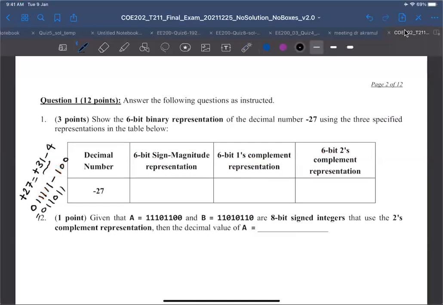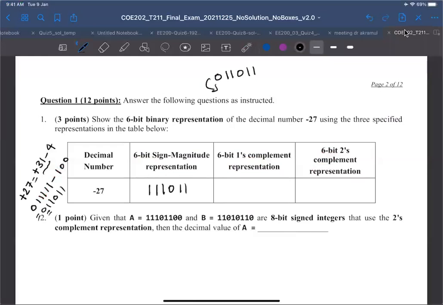So this is plus 27. In sign and magnitude, what is minus 27? Basically, we replace the sign bit with a 1, so it's 1 1 1 0 1 1. Now in 1's complement, we take plus 27, which is 0 1 1 0 1 1, and complement all the bits.